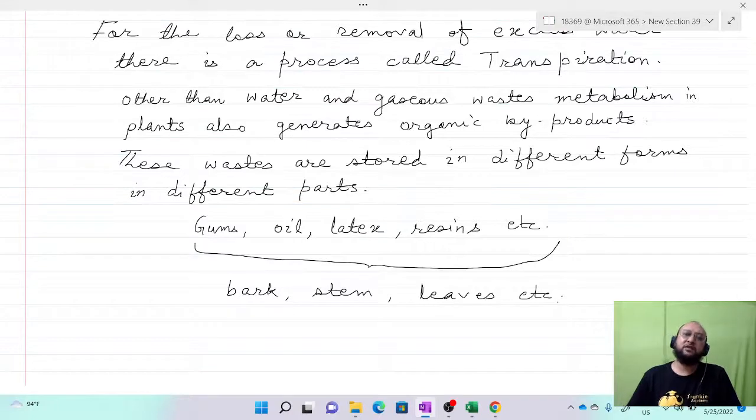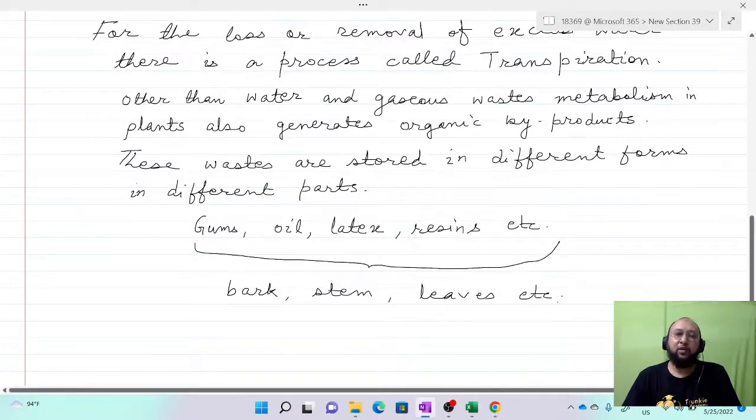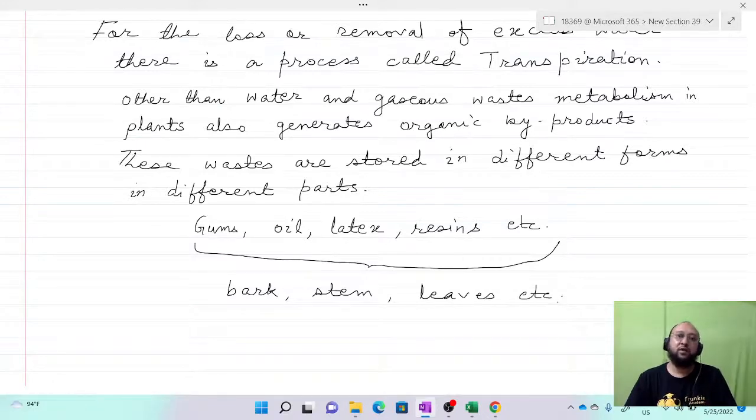Because apart from photosynthesis and respiration, there are so many other metabolic reactions going on inside the plant body, due to which some organic solid substances are formed as waste. These wastes are then stored in certain parts of the plant body as gum, oil, latex, and resins, and stored in the bark, stem, leaves, etc.